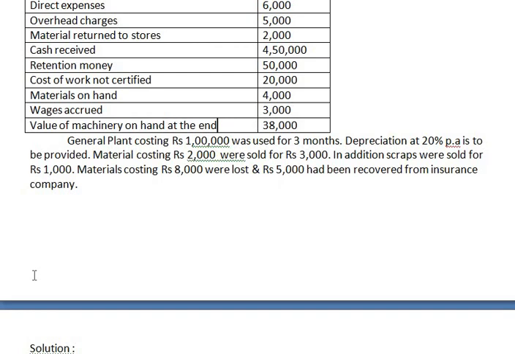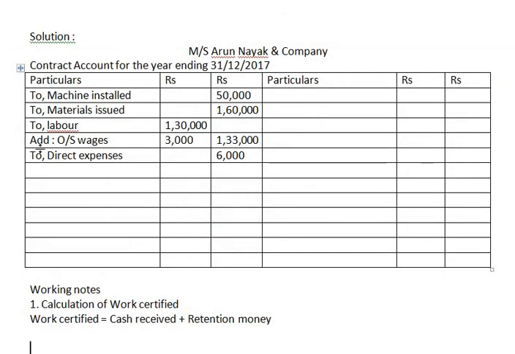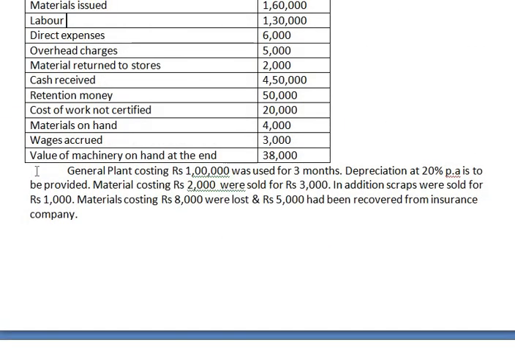Overhead charges 5,000. Again on the debit side. To overhead charges, there is no adjustment for this. So again 5,000.